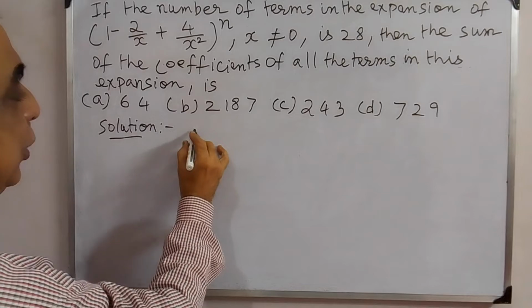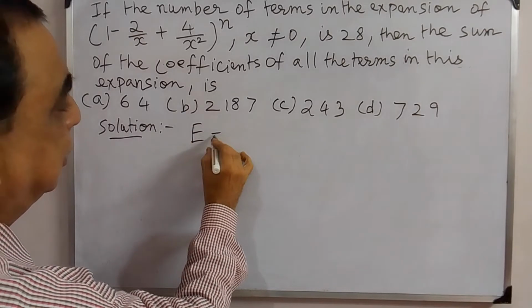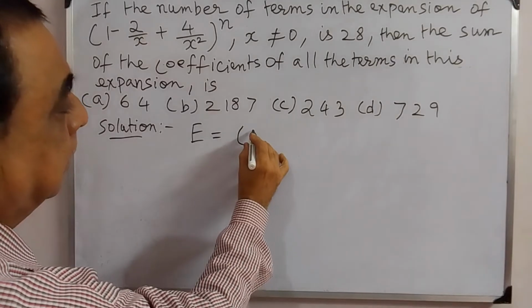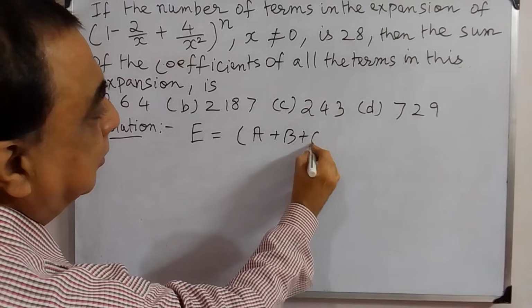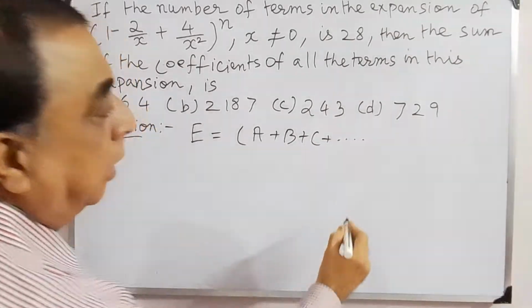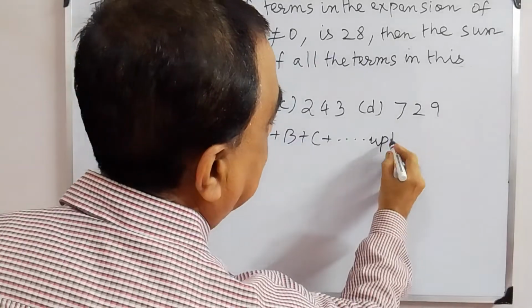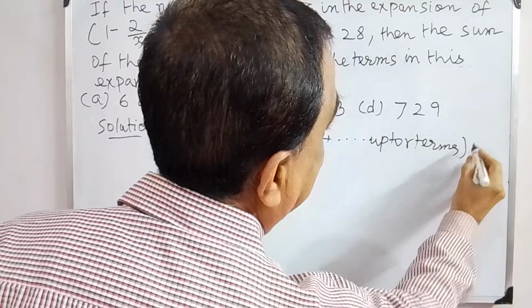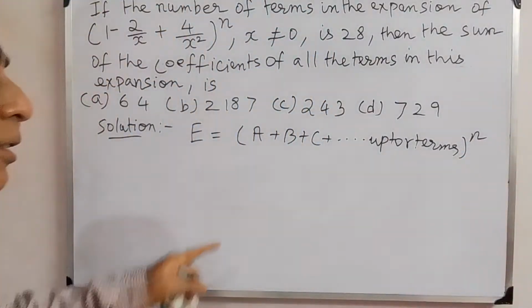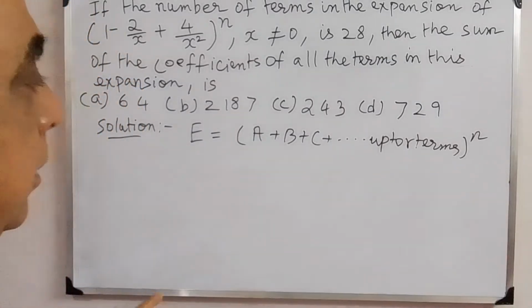Now see, if an expression is like this: a plus b plus c plus so on up to r terms, and this is raised to the power n. This property you have to remember.